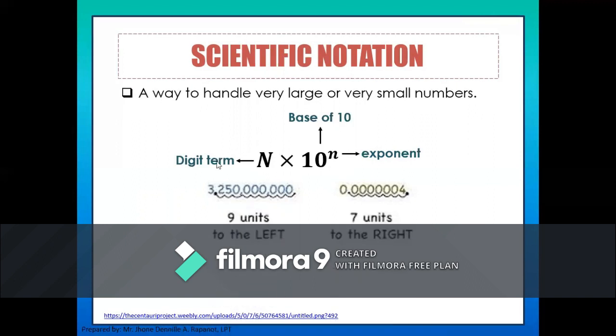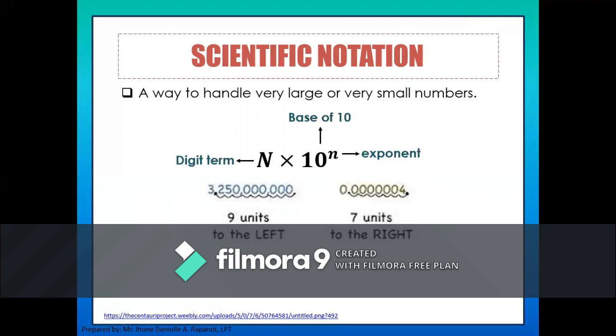Now, if we deal with a very large number and we want to make it into scientific notation form, we have to move the decimal point from right going to left. How many movements? We have 9 units to the left. Here, after moving the decimal point, we have 7 units to the right.